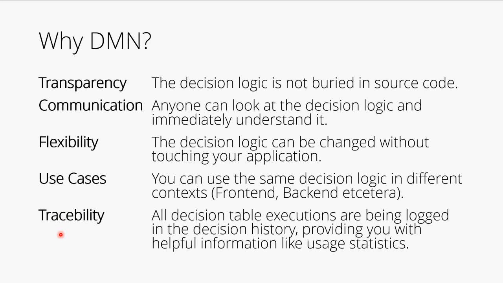So they are logged into some persistence technology, such as a database, for example, and you have a history, and you can inspect that history later on, which will provide, of course, helpful information about the decisions that have been made, why they have been made in a certain way, all the way to business activity monitoring related aspects like usage statistics and things like that. So all those aspects are very interesting when it comes to DMN and decision automation.